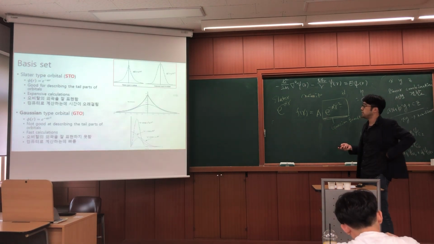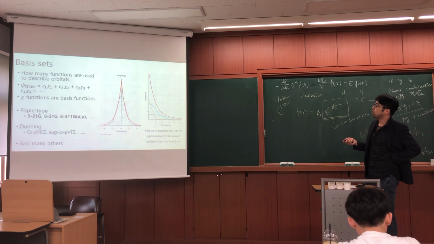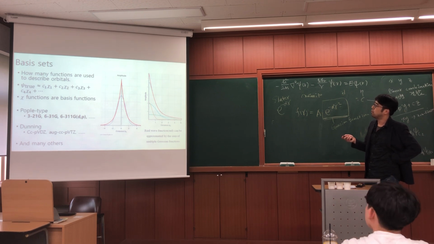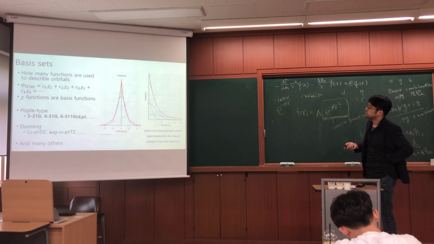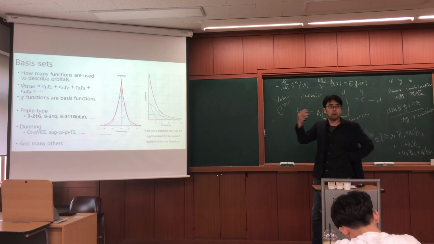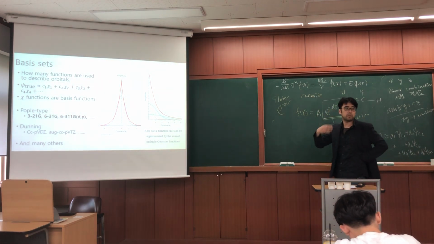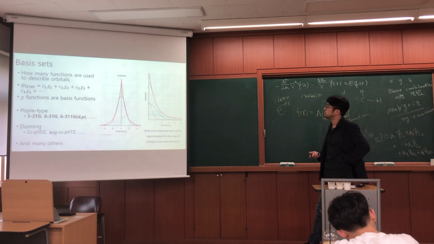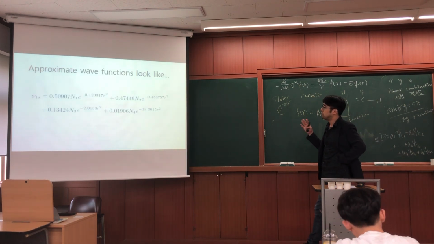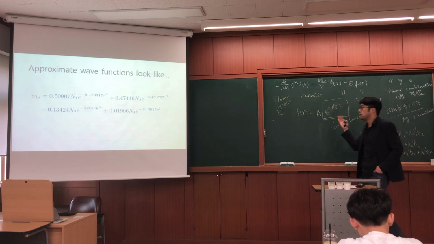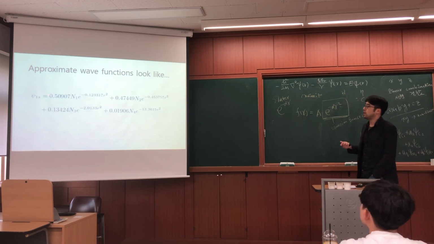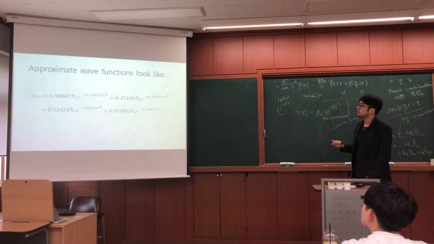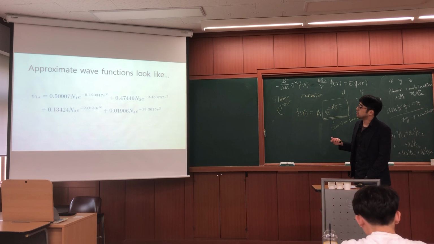As we have seen before, more Gaussians are more accurate, right? But if we use more and more functions, things become more and more complex, and calculations become more and more expensive. So there is always a good side and a downside. So this is the example.